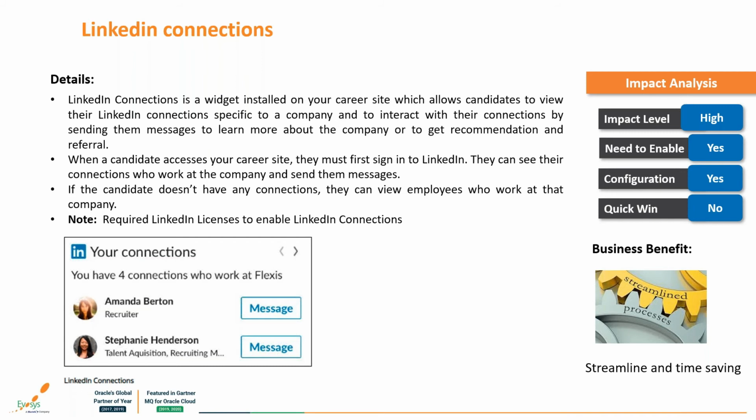Or if the candidate doesn't have any connections in LinkedIn regarding the company, they can just view those employees who work at the company, connect with them, and see what things are going on. As you can see in the screenshot, we have 4 connections for the candidate who has applied. So he has 4 connections, and you can see this kind of thing in your system.